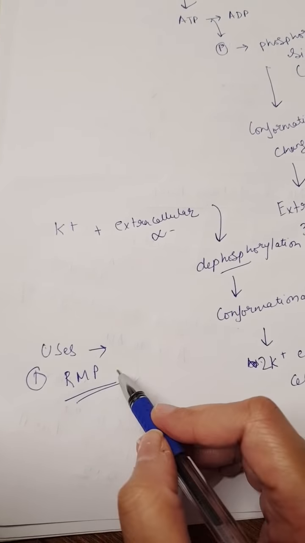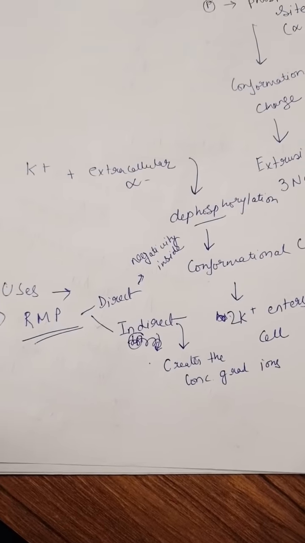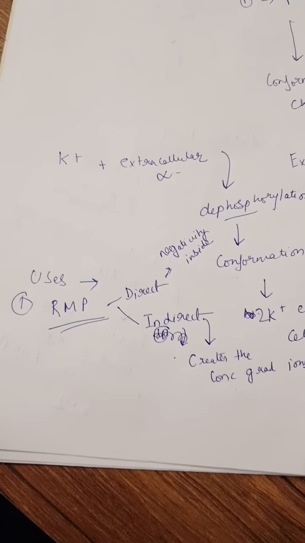The direct contribution is very low, about 4%, and it just directly causes negativity inside the cell. The indirect contribution is massive because it creates the concentration gradient for the ions, and this concentration gradient is important for the development of RMP.